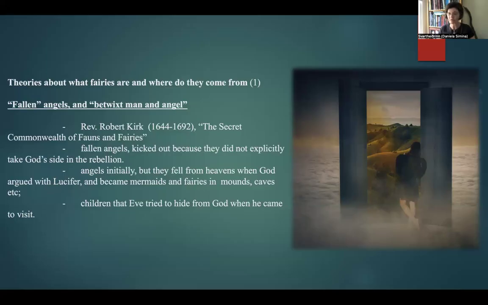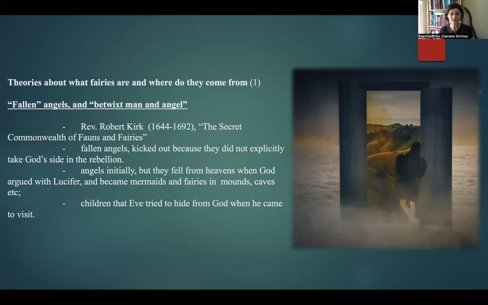He doesn't really pronounce any judgment against various groups of people engaging with fairies. Of course, he cautions against it, but he doesn't seem to be taking sides in an aggressive manner, oh, good versus bad, which could have gotten him into trouble considering the age when this material was written.